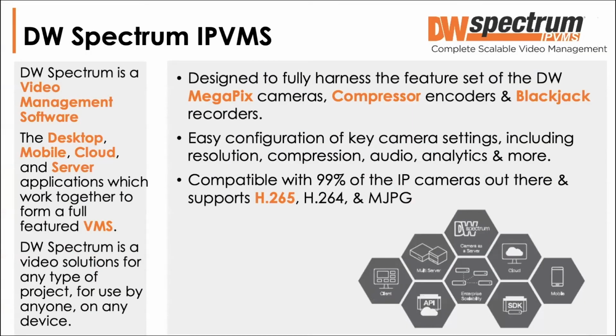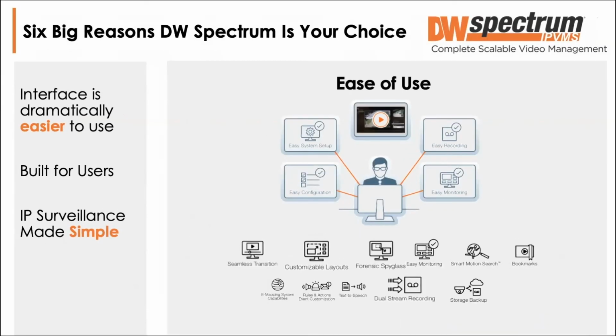So when we look at DW Spectrum, it is part of a complete solution with the Megapix cameras, compressor encoders to take your existing analog infrastructure and bring it into DW Spectrum, as well as our Blackjack NVRs that are scalable for a variety of sizes.